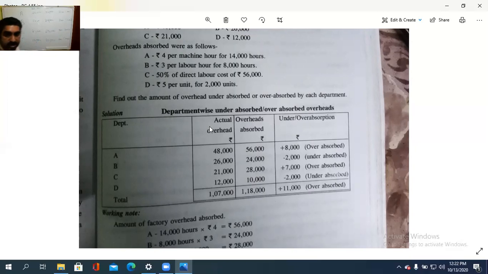Take the total with plus and minus signs: 8 plus 7 is 15, minus 4 is 11,000 plus.